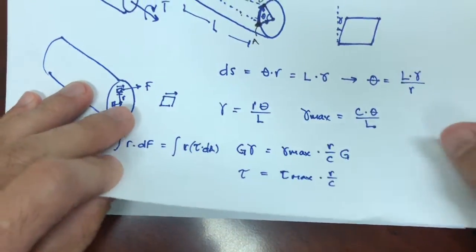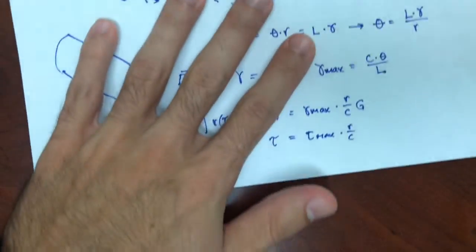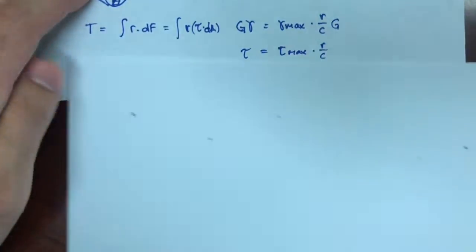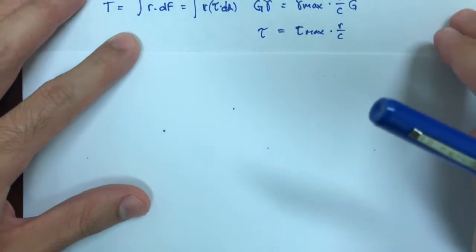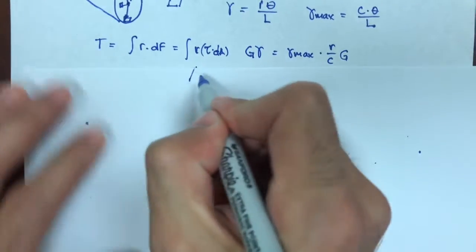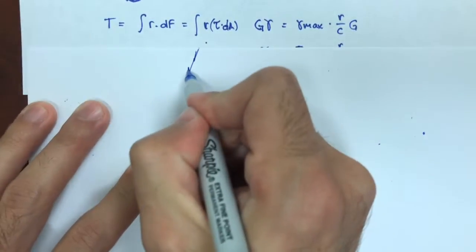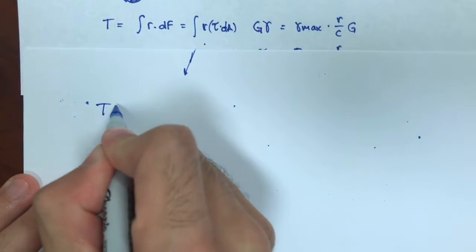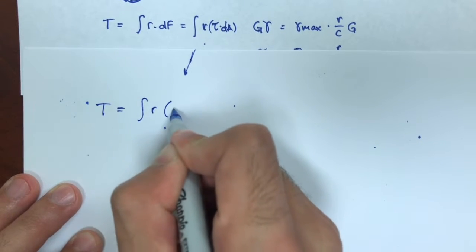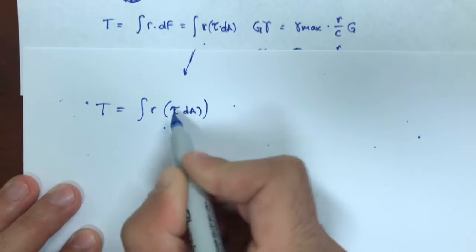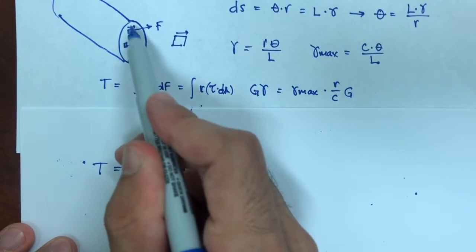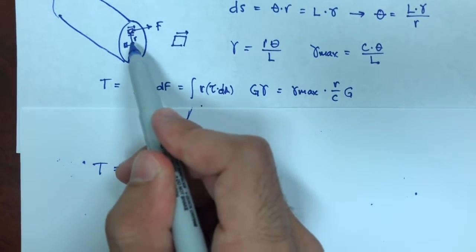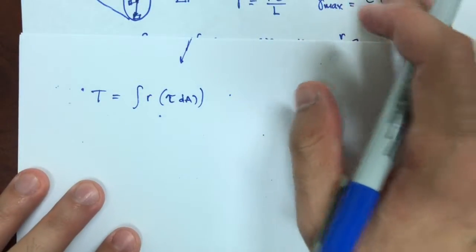So if I use that definition of torque with the integral, and the relationship between tau and tau max, I can see that T is equal to the integral of R tau dA, and tau would depend on the radius. The shearing stress is not the same at different radial locations.